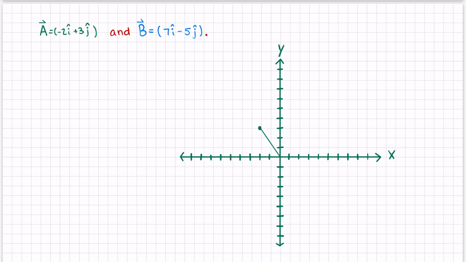This is what vector A looks like to me, starting from the origin and coming to the terminal point negative 2, comma 3. And then for B, we have 7, negative 5. Let's switch over to blue. 1, 2, 3, 4, 5, 6, 7. 1, 2, 3, 4, 5. So that's going to be this vector here.